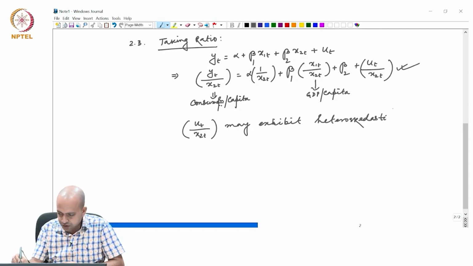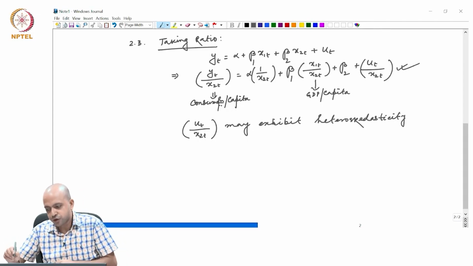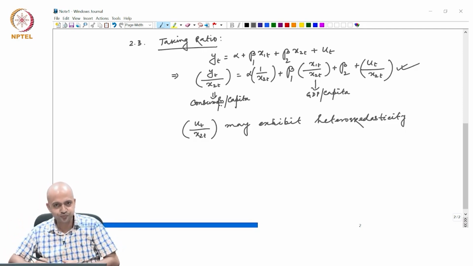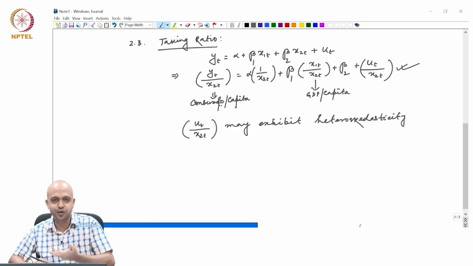We have not yet discussed heteroscedasticity, but for the time being, just remember this means that the error variance is not constant. So, to solve one problem, you have ended up with another problem.